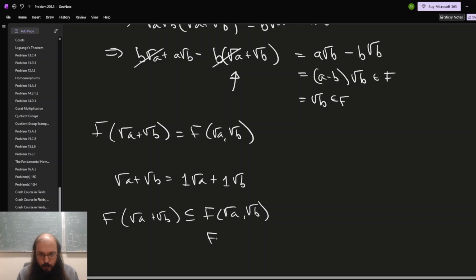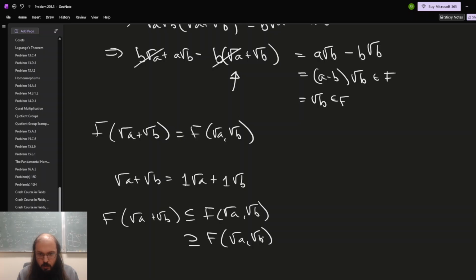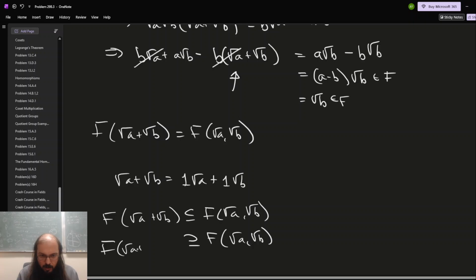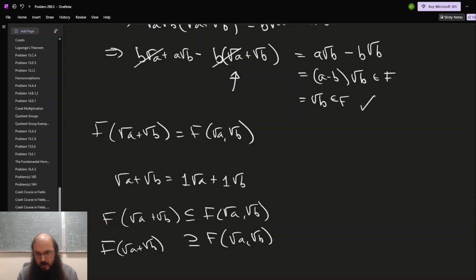What we just proved is that the opposite is true, because once I can get square root of a and square root of b individually in this thing, of course, I already have all the constants. They have the same constants. So if I can get this to be in here and this to be in here, which we did, then the reverse is true. So they're equal. Okay, very cool.